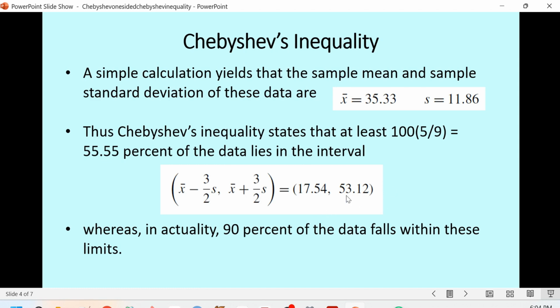But this is conservative, and actually about 90% of the data falls exactly within this range. So Chebyshev's inequality is very conservative. We can say at least this percent, but actually it's 90% if we want to know the exact value for this data.